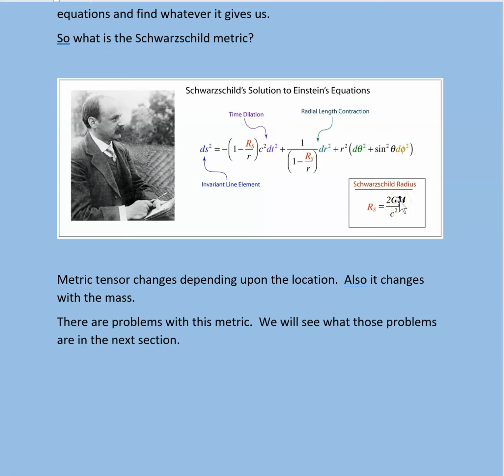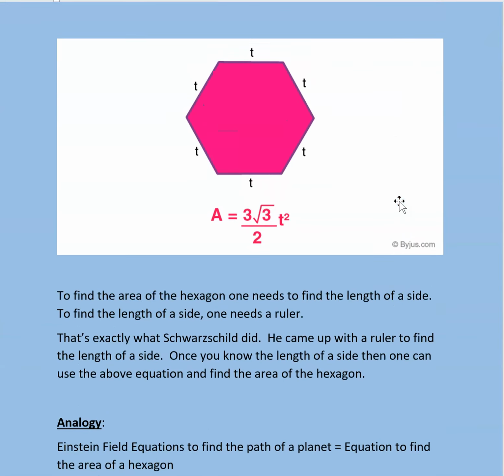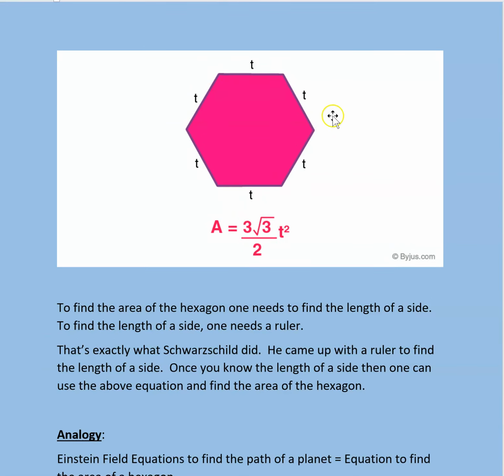So it's like going back to here. Let's say we have this hexagon inside a room, and someone found a ruler to measure it. All good. And then suddenly someone brings a table into the room, and the ruler changes. Now the ruler, which was a 1 foot ruler, is suddenly something else because the mass of the room has changed.